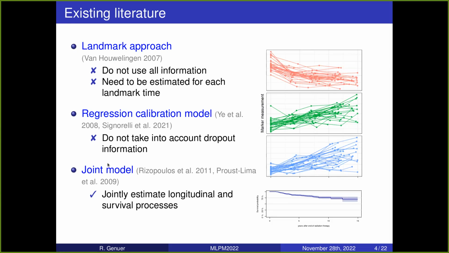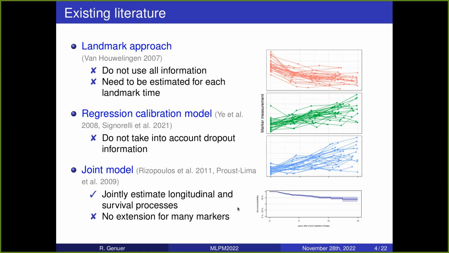Another approach, which is the good approach actually, and which I already mentioned, is to perform joint modeling, where you jointly estimate the longitudinal and the survival process together, and then you compute your probability of experiencing the event.